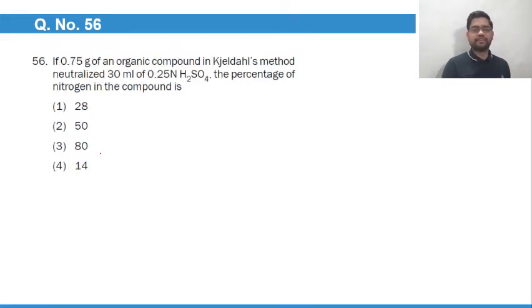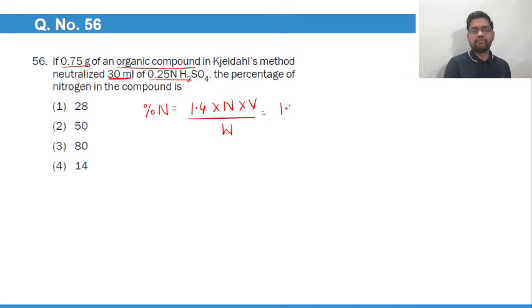Talking about question number 56, if 0.75 gram of an organic compound in Kjeldahl's method is neutralized by 30 ml of 0.2 normal H2SO4, the percentage of nitrogen in the compound is. It's very simple to calculate. Percentage of nitrogen in the given compound will be equal to 1.4 times normality into volume by weight.